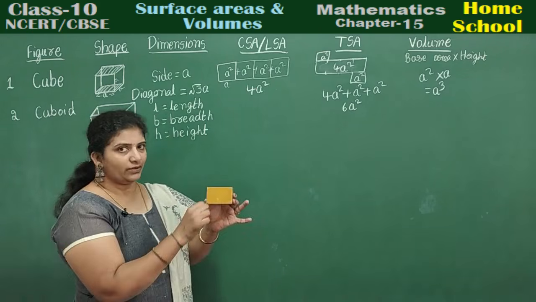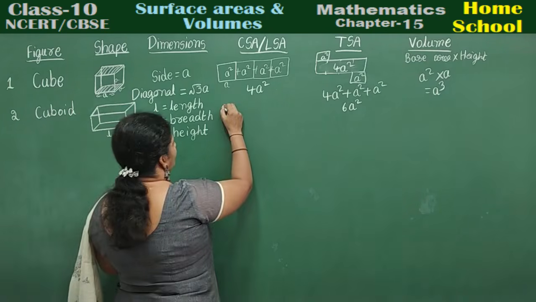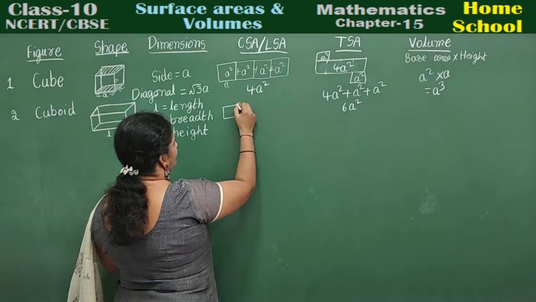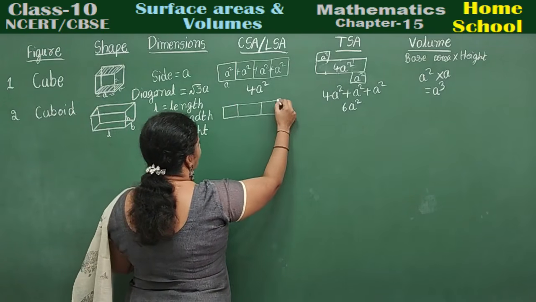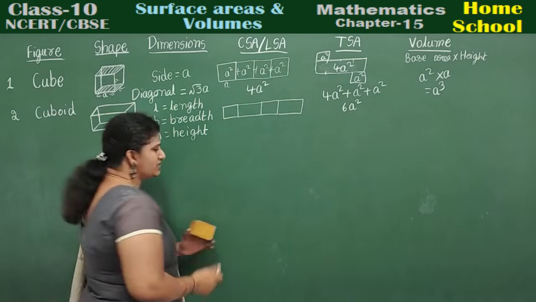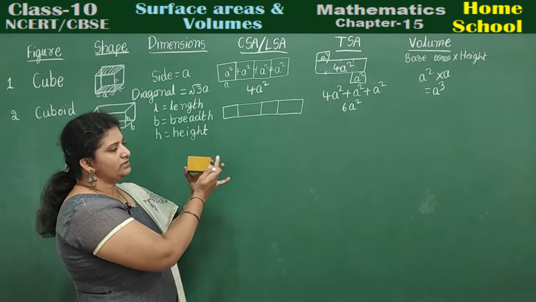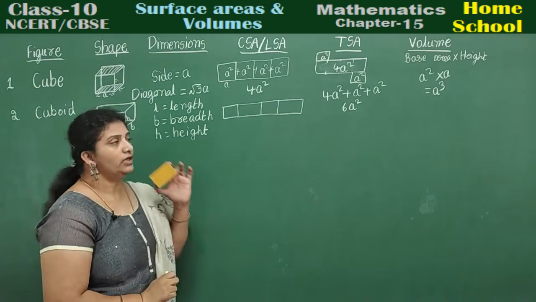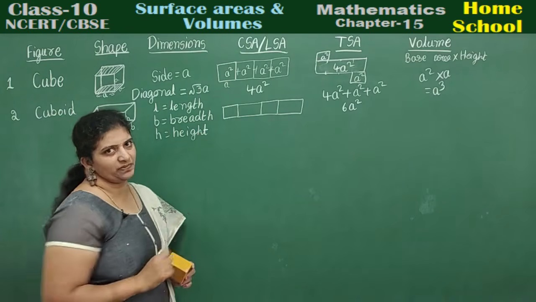So let us cut it at one part and then split the faces. Look here: square, rectangle, square, and a rectangle. Yes or no? See, I have cut it here. Square, rectangle, square, rectangle I got. Now we need to write the dimensions for each piece.